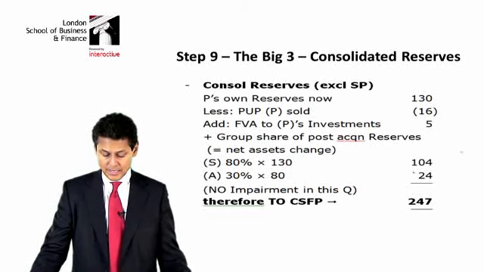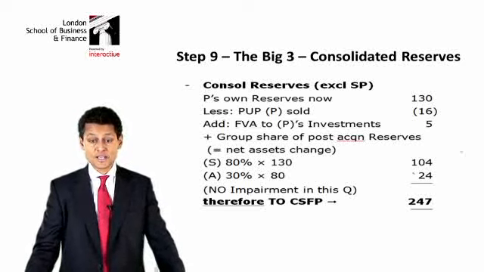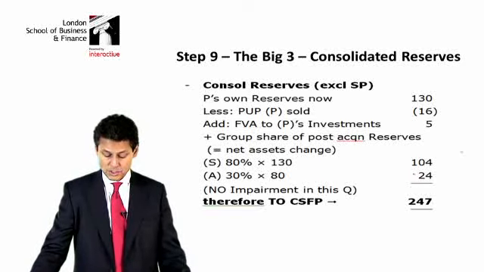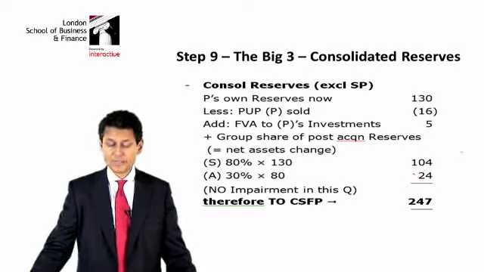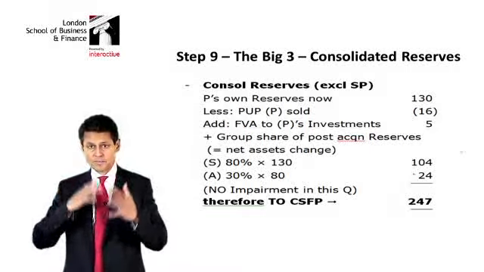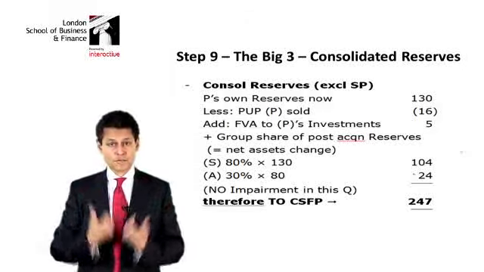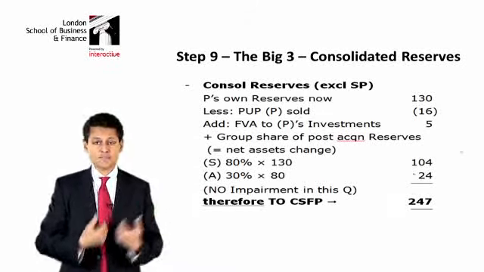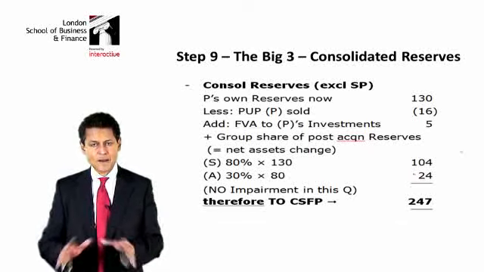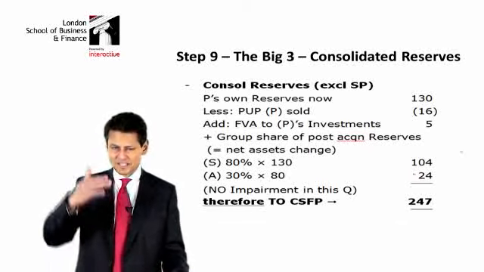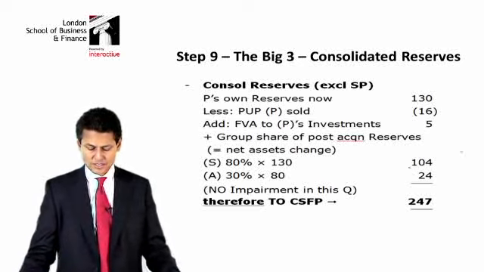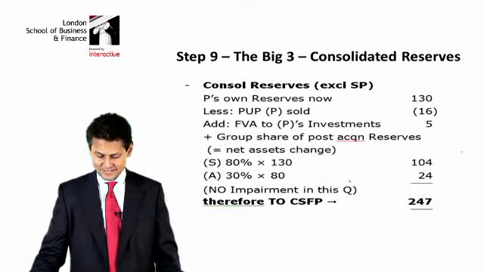And so, because there's no impairment in this question, that total goes to your consolidated reserves. So it's the parent's own reserves, plus minus any adjustments, plus what the parent created by controlling the subsidiary and influencing the associate, minus any impairment. So there are 3 steps, usually, to the consolidated reserves.